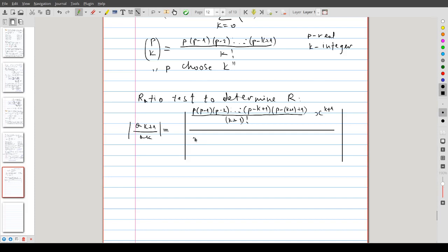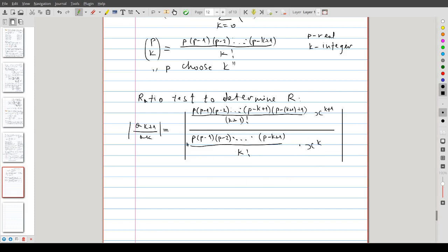So I know how to write that. It's p times (p minus 1) times (p minus 2) and so on. And this time I only go down to p minus k plus 1. Great. Divided by k factorial multiplied by x to the k.